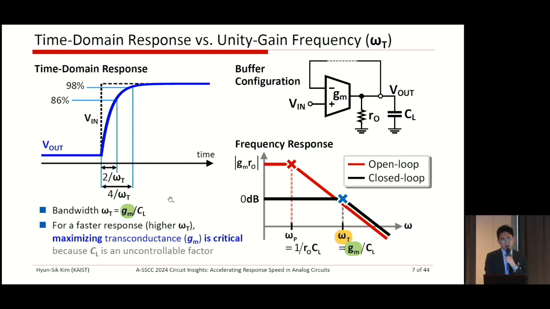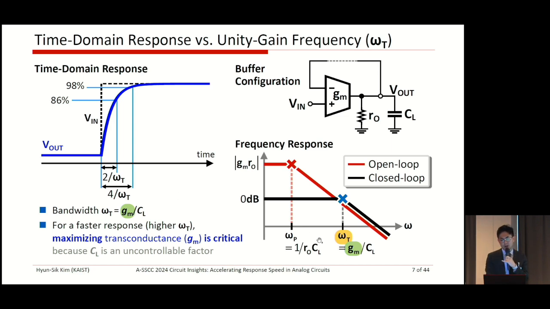Okay, so as I mentioned before, this is the time constant and the time domain response, which can illustrate the relationship between the time domain response and the bandwidth in the frequency domain. Okay, so from this waveform, we can conclude that maximizing omega t, the bandwidth, is necessary for a shorter settling time.